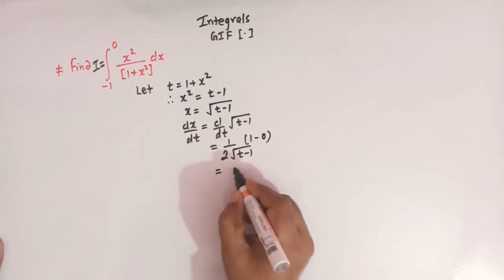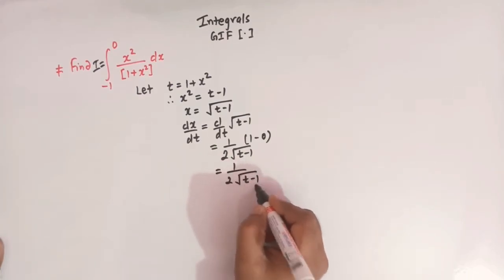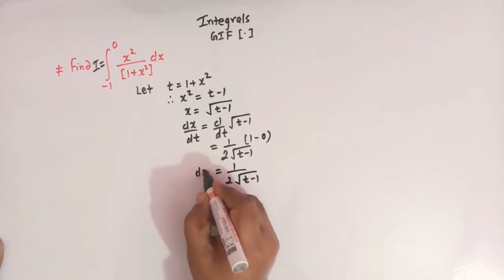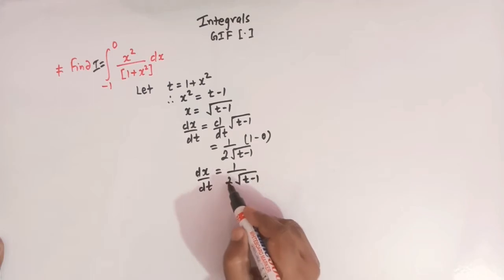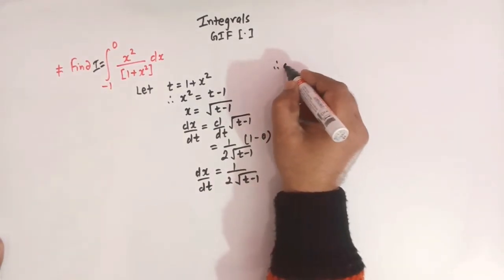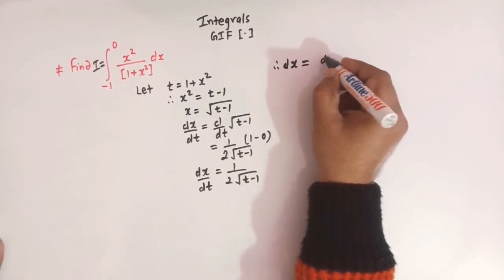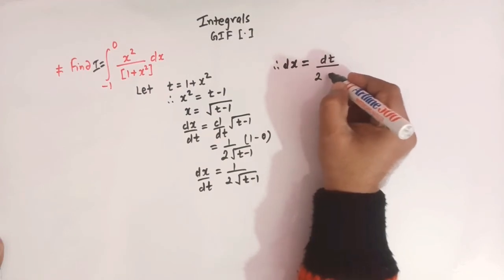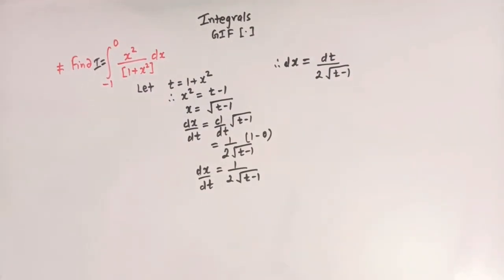So dx over dt is equal to 1 over 2 times square root of t minus 1. Therefore dx is equal to dt over 2 times square root of t minus 1.